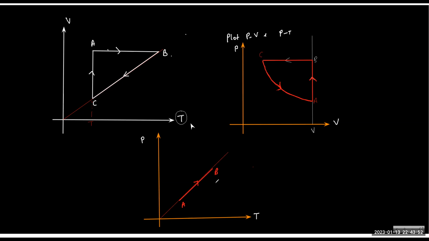What is BC? BC is isobaric, so it will be a straight line. You know the BC is like this. But which way? Right or left? Tell me guys, right or left?